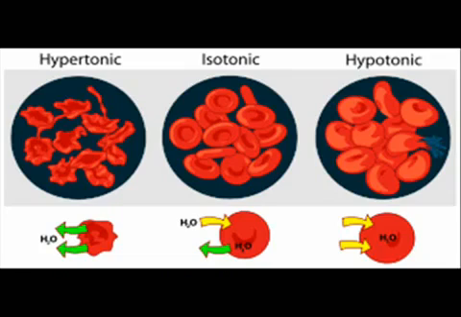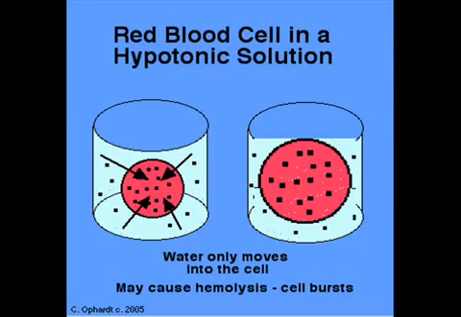So what you guys as nurses, something that's going to be pretty important to you, is red blood cells and what you can do with them. So let's say that you have a red blood cell and it has a certain salt concentration, and you put the red blood cell in a hypotonic solution. What that means is that there is not as much salt in the solution, but there is more salt in the red blood cell.